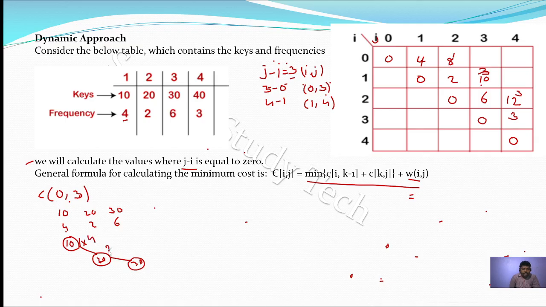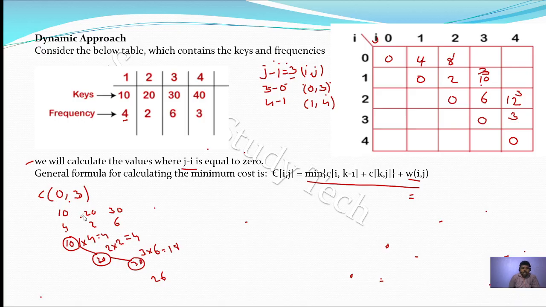Here the second level, 2 comparisons are needed, and the frequency is 2. Here 3 comparisons are needed, and the frequency is 6. So how to see that? It is 18 plus 4 plus 4, that is 26.